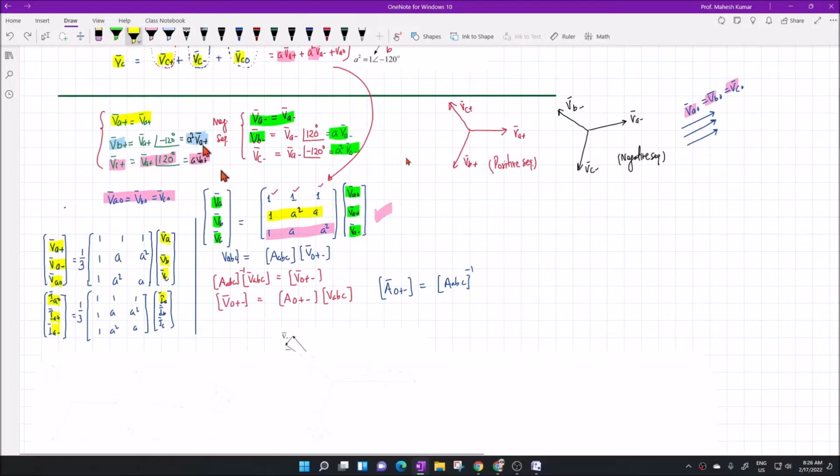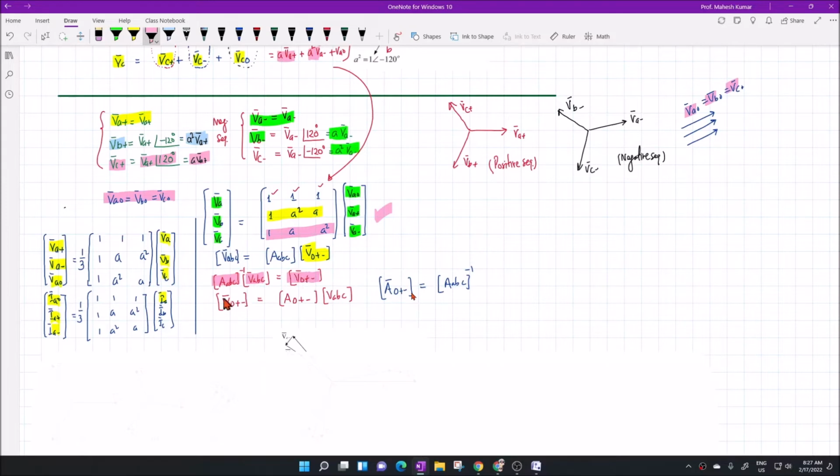Right now we are transforming V0 plus minus to VABC. Therefore, V0 plus minus will be nothing but A ABC inverse into VABC, becomes V0 plus minus.